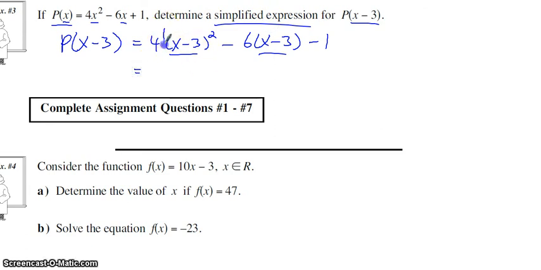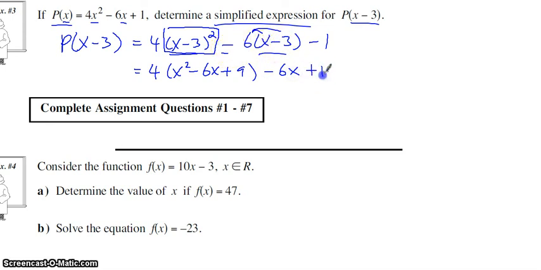You need to follow BEDMAS, so let's do the square here. So when you square, that's the answer. Here you need to expand. You can carry the negative with you. Negative 6x, right? Negative 6 times x. Negative 6 times negative 3 is plus 18.